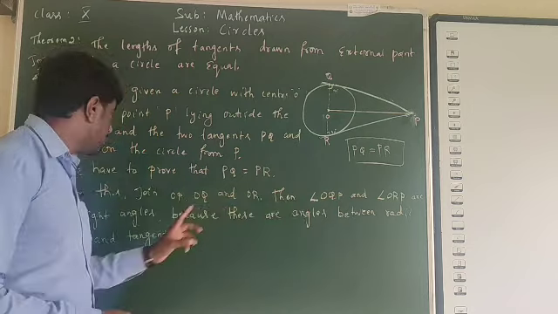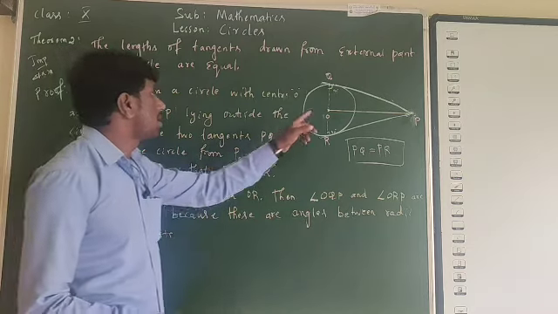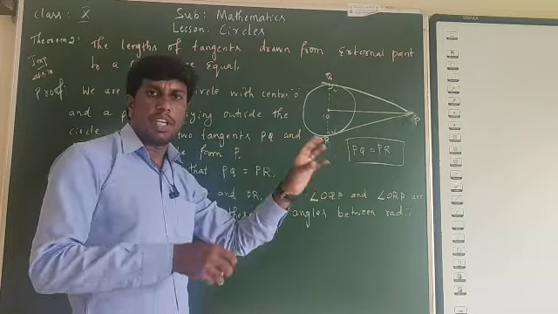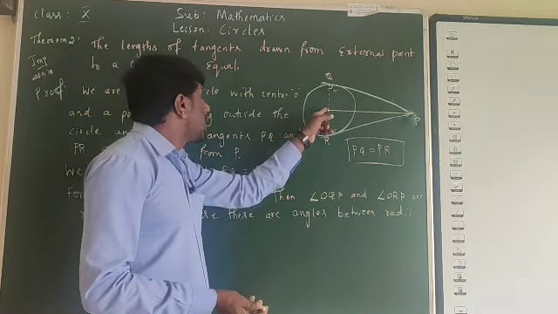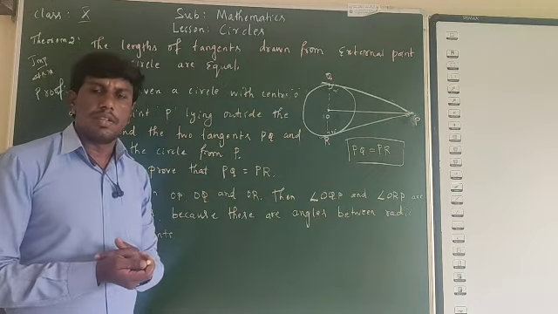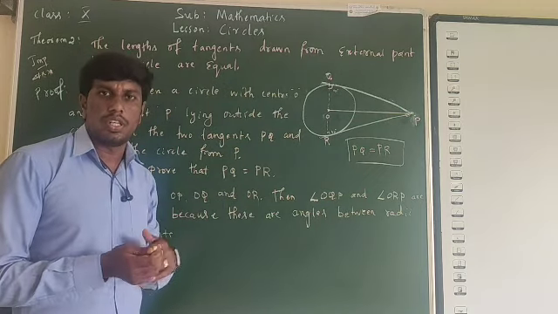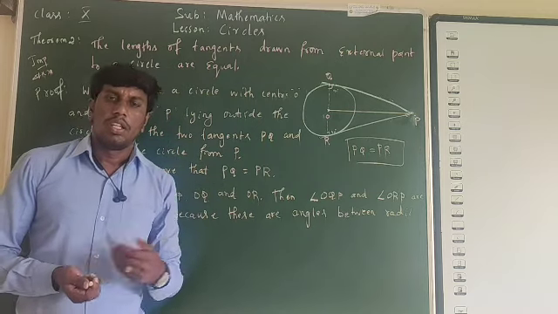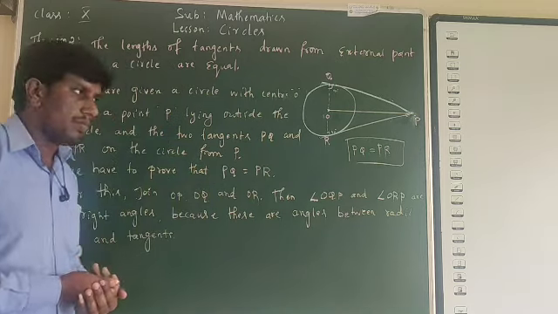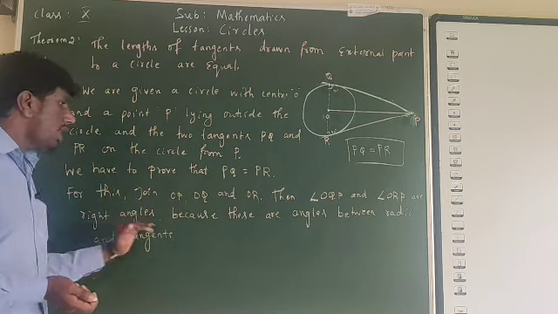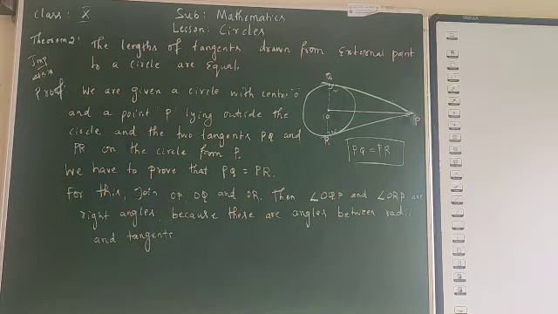Because these are angles between tangents and radii. From theorem 1, we know that the angle between a radius and a tangent is 90 degrees, a right angle, perpendicular to each other. Right angles, perpendicular, 90 degrees: all these three terms are the same.